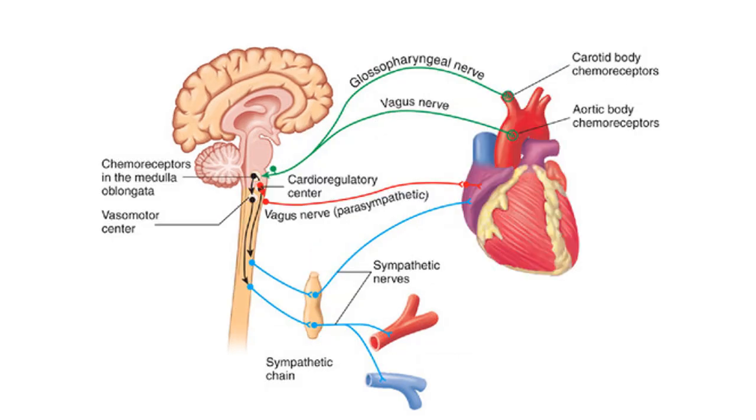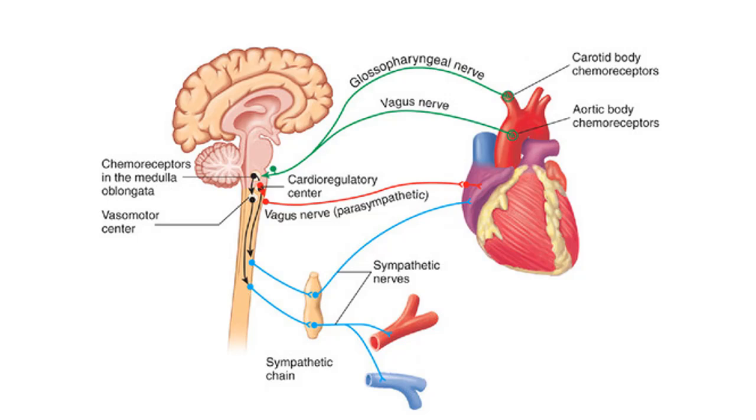The other receptors are chemoreceptors. Chemoreceptors are sensitive to reduction of oxygen and increase of CO2 and hydrogen ion. When blood flow decreases, the level of oxygen is going to decrease too, and the level of CO2 and hydrogen ion is going to increase. So chemoreceptors in the carotid and aortic bodies monitor these chemical changes and send messages through the vagus and glossopharyngeal nerves to the chemoreceptor area in the medulla oblongata.